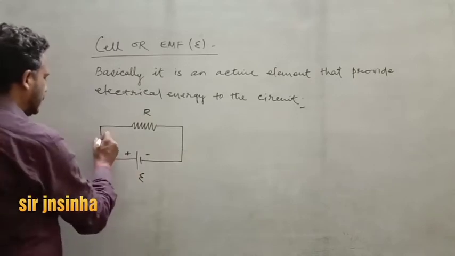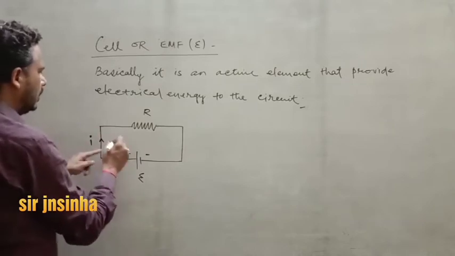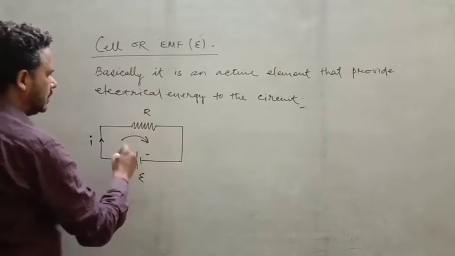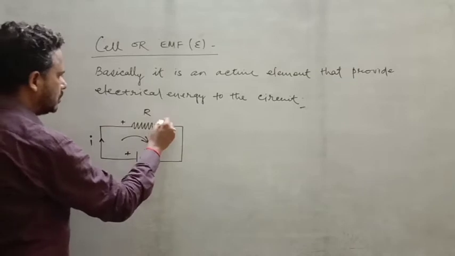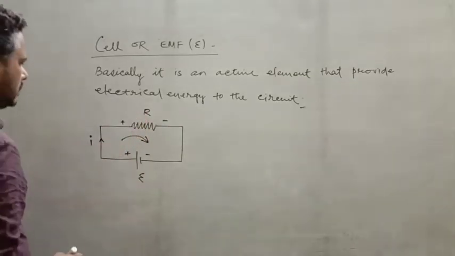In this circuit diagram, current will flow in the clockwise direction. Alright, so this one is called higher potential and this one is called lower potential of this resistor.